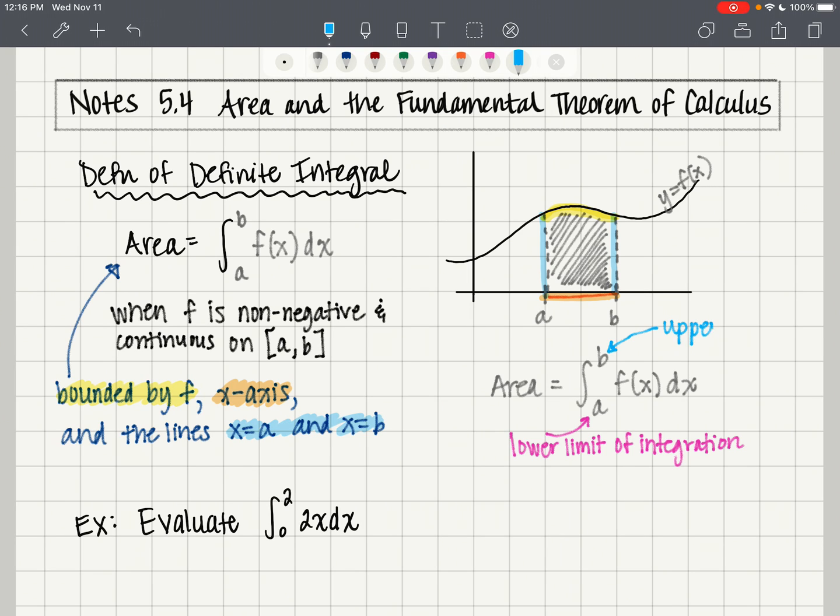And then b is going to be the upper limit of integration. So we'll have our lower value along the x-axis, that's going to be a, and then our upper value, the higher value along the x-axis, that's going to be b.